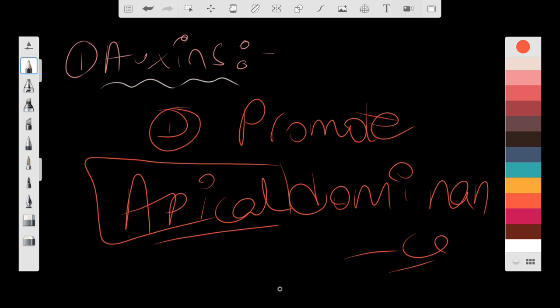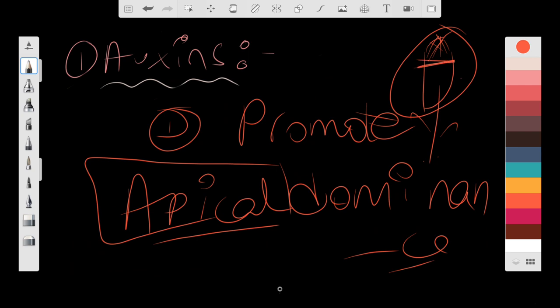These buds are present in the apex of the shoot. If this is the plant and if this is the apex, the buds which are present at the apex are called apical buds, and the buds which arise laterally from the branches are called lateral buds or axillary buds.